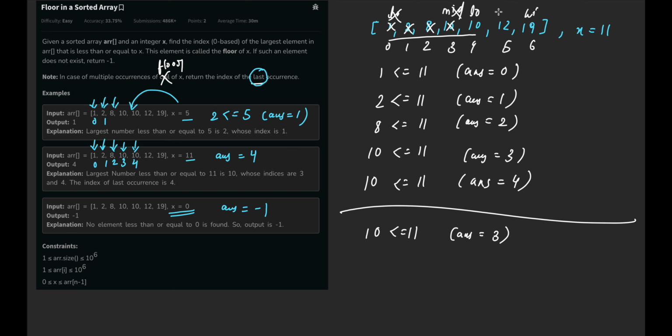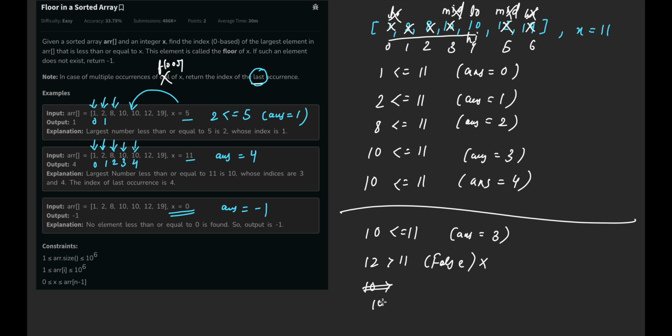Now if we find mid again, mid is found here. Now, is 12 a possible candidate? No, it's greater than 11, so it's not a possible candidate. So, would it be feasible to check in the higher search space? No. So we would be discarding this and moving the high pointer to here. Now, there is only one element left, 10, at index 4.